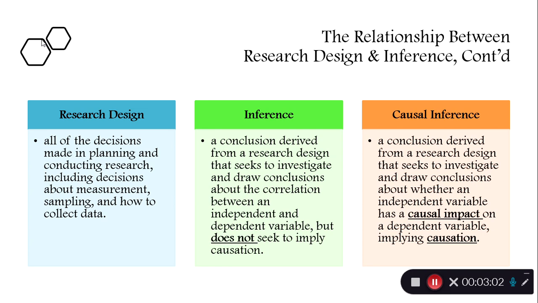In terms of inference, an inference is a conclusion derived from a research design that seeks to investigate and draw conclusions about the correlation between an independent and dependent variable. But where a basic correlational inference stops short is that it does not allow for implying causation. By contrast, a causal inference is a conclusion derived from a research design that seeks to investigate and draw conclusions about whether an independent variable has a causal impact on a dependent variable, implying causation.